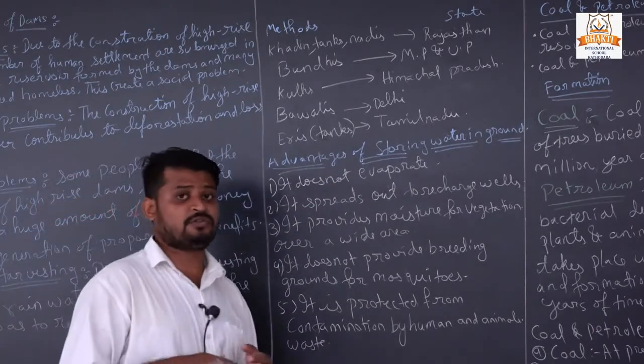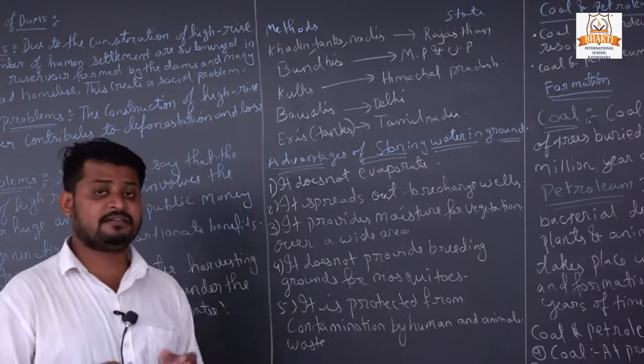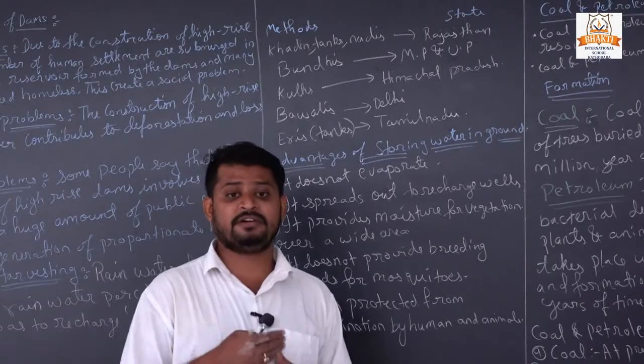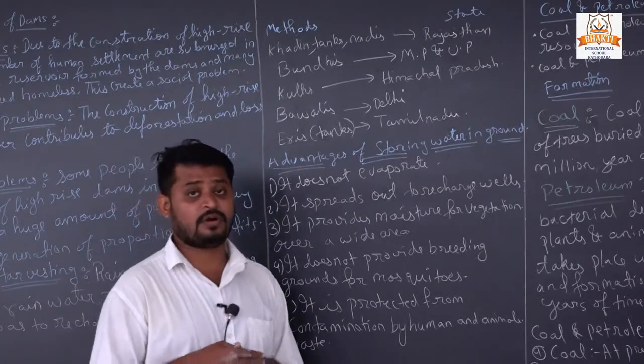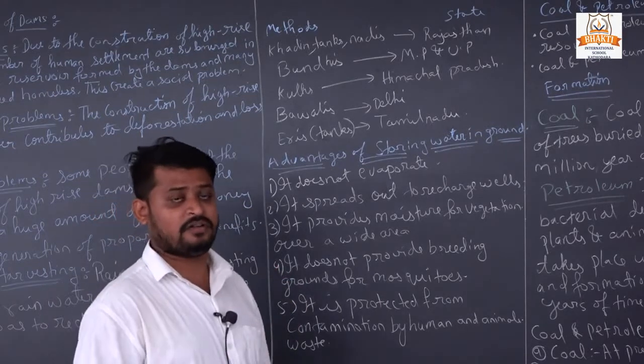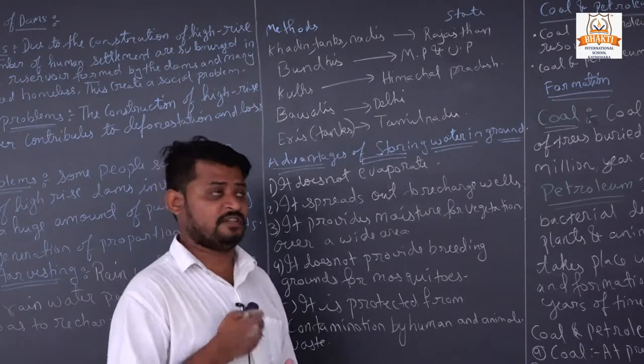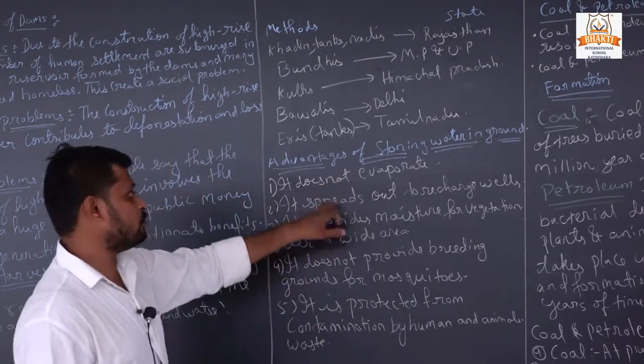But for water stored on the surface, like lakes, rivers and ponds, the evaporation is continuous throughout the whole year. That's why the water level falls in the rivers and lakes, and we are not able to use the whole fresh water. So we have to store water in ground so it doesn't evaporate.